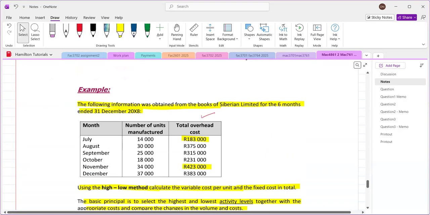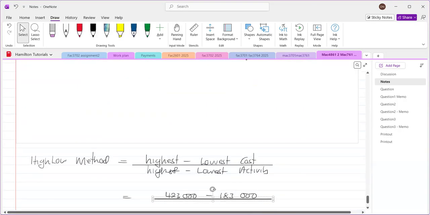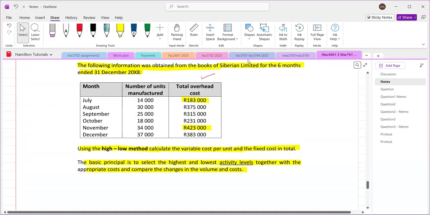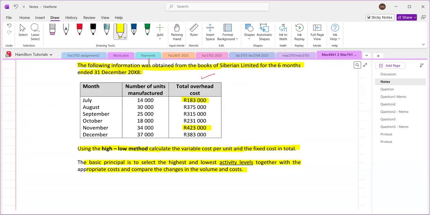Right, then we go to the lowest activity. Activity, we are basically talking about perhaps number of units produced. Right, so here, the highest, here there is a bit of a difference.